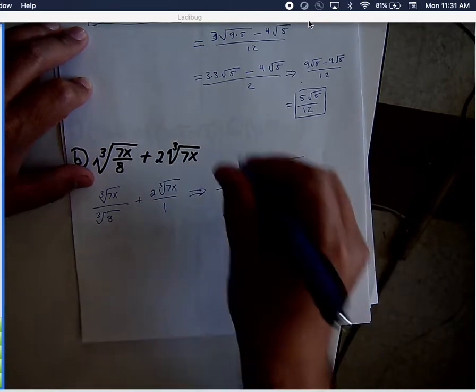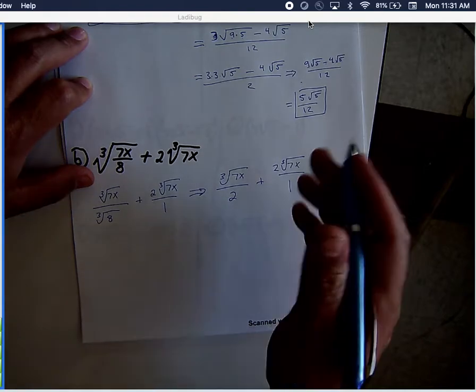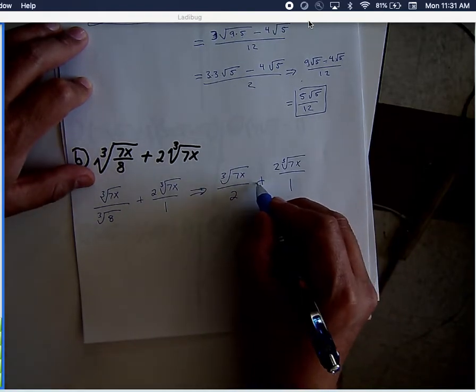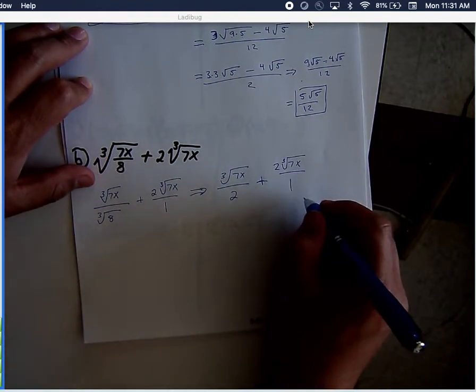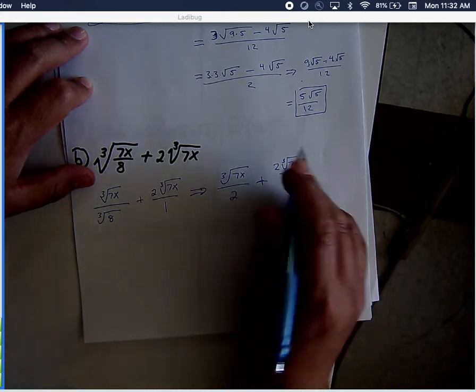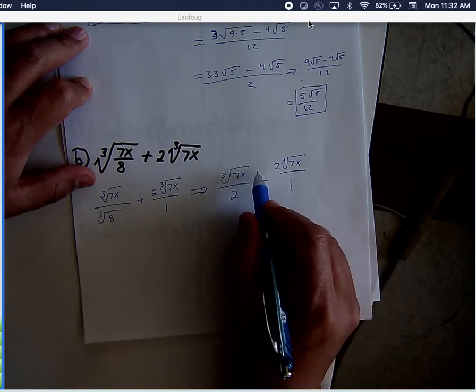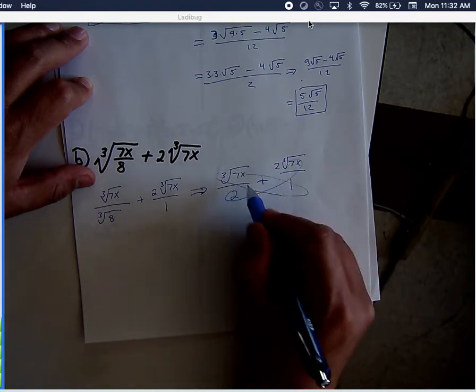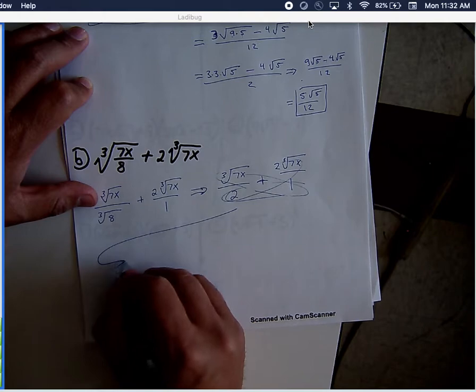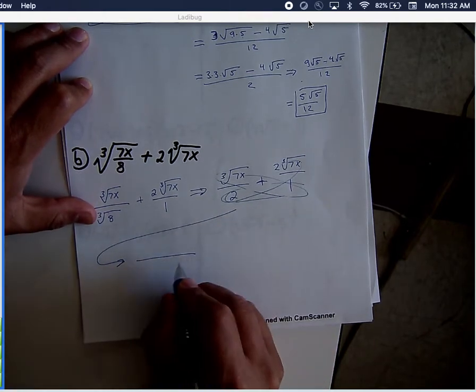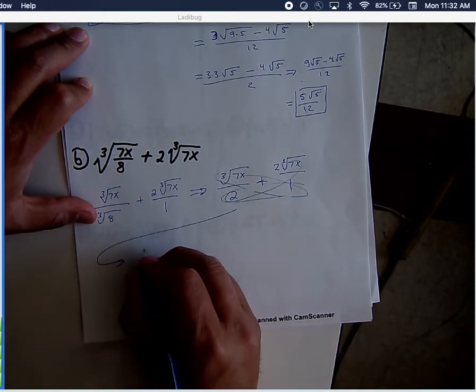And this is where you can do either the LCD or the butterfly. Since we're not dealing with letters and monomials and stuff, this is a monomial, so I think we can do the butterfly easily. So 2 times 1 goes at the bottom, 2. 1 times that is just that.